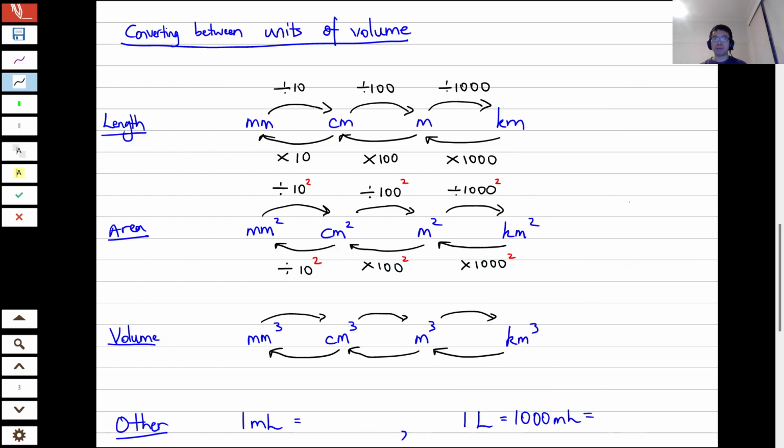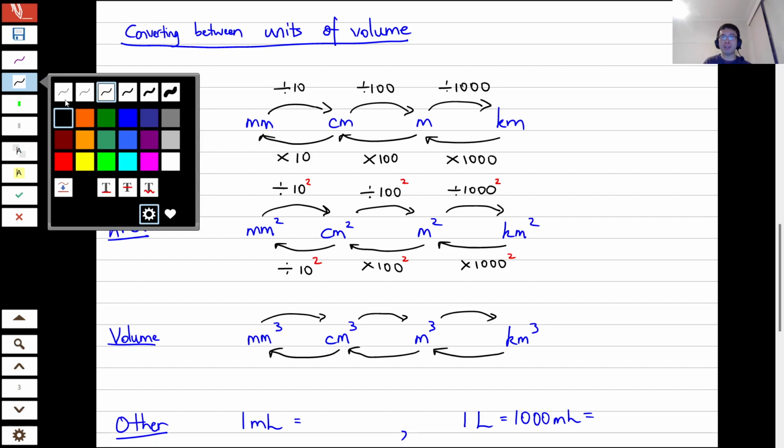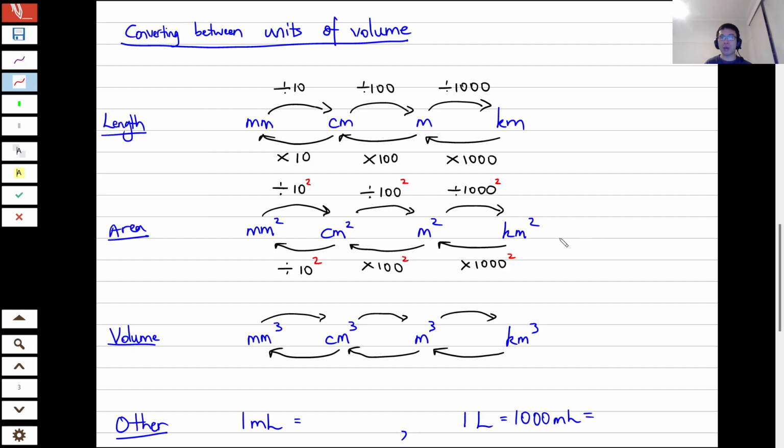So here we go. We know about length and we know about area from the first 2 videos. I have drawn in the information for you, and I want to remind you that for area we needed to square the numbers.